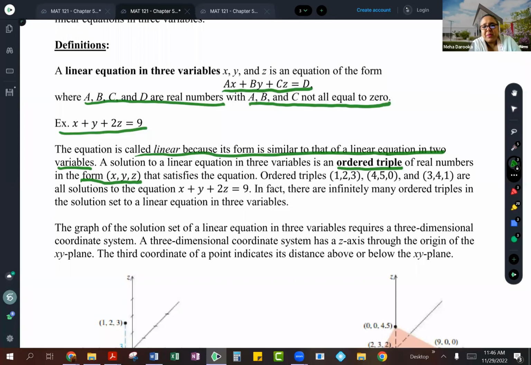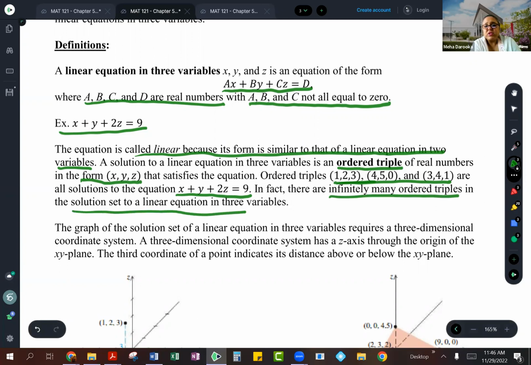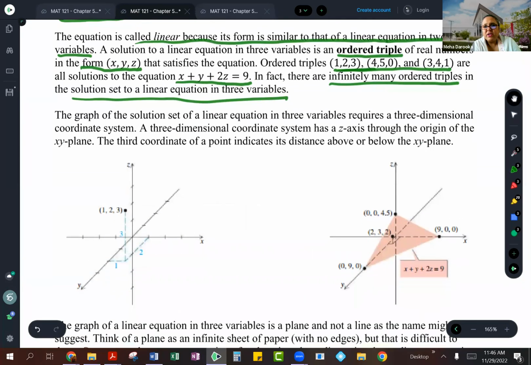So here are some examples of solutions you would end up with if you try to find the solutions for this equation. Obviously, you are going to have infinitely many ordered triples that would be considered solutions for these equations in 3 variables.